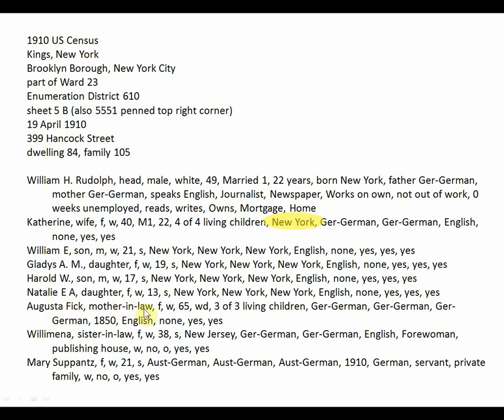We have Augusta is William's mother-in-law, which suggests that she's Catherine's mother. She's a widow, has 3 of 3 living children. That is, it says that she bore 3 children and all of her 3 children are still alive. Wilhelmina, the sister-in-law, was a forewoman at a publishing house, and Mary, the live-in servant.